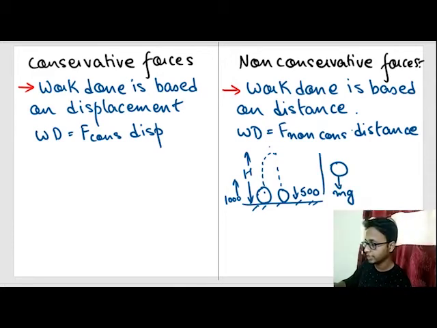The body is displaced in this direction, and friction force or air drag force or air friction force is acting downwards. Why? Friction force always acts opposite to the direction of velocity. The direction of friction force and the direction of velocity will always be opposite. Okay? So while going up, friction force acts down.